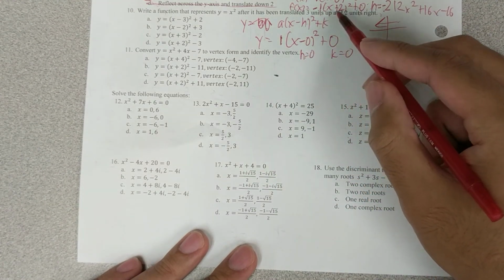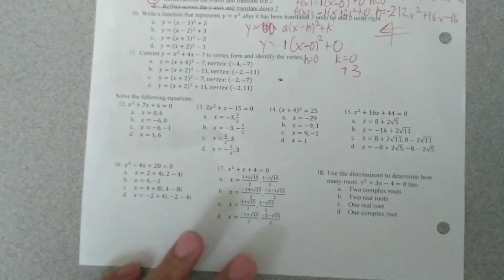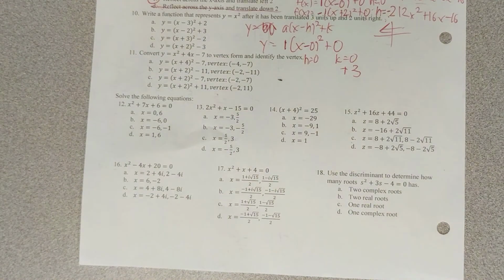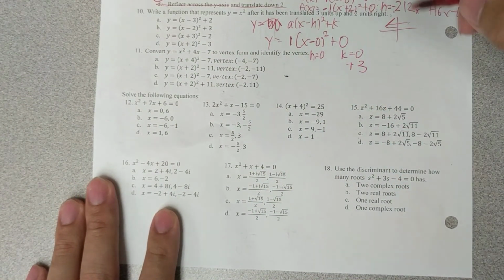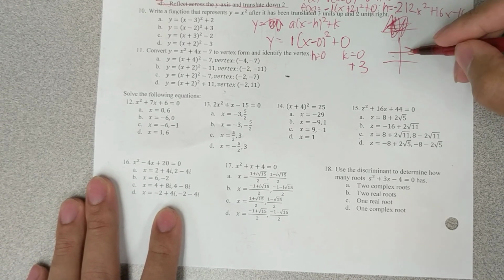Okay, but we're going to move it 3 units up. So vertical translation is controlled by k. And then 2 units right. Okay, so right means that h is getting larger.